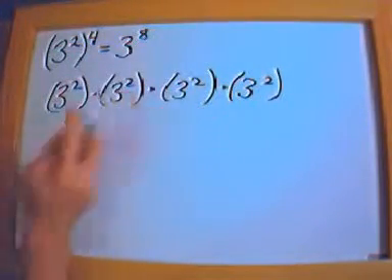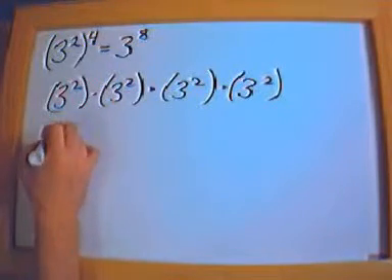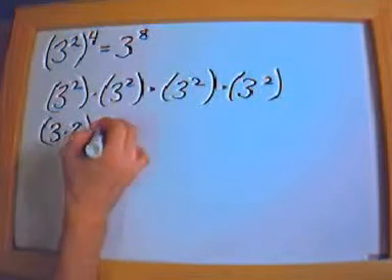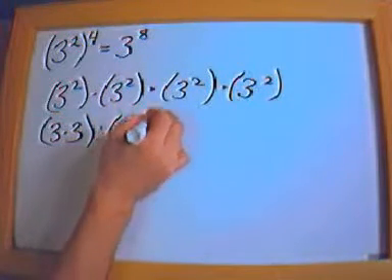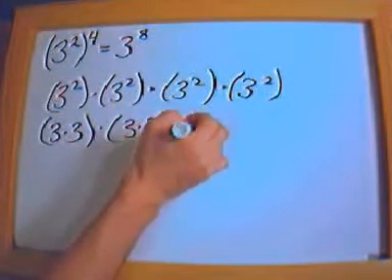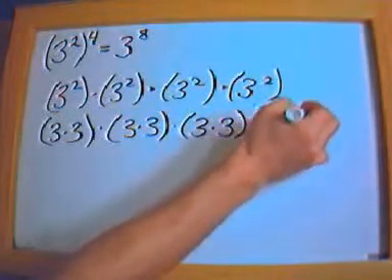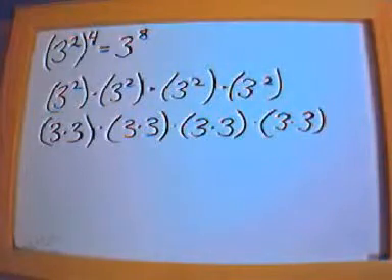Now let's go ahead and expand everything here. What is 3 squared? Well, that's 3 times 3. 3 times 3 for the second one, 3 times 3 for the third one, and 3 times 3 for the fourth one. So I've got a bunch of 3's here.